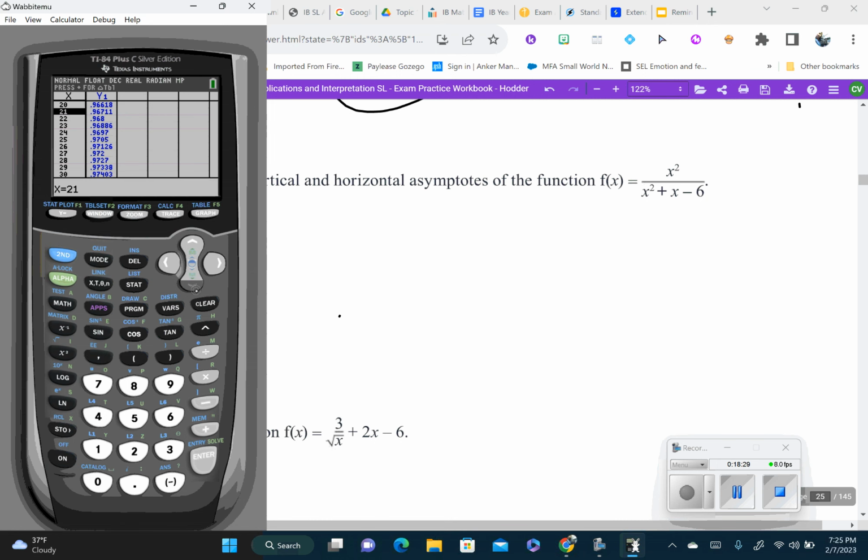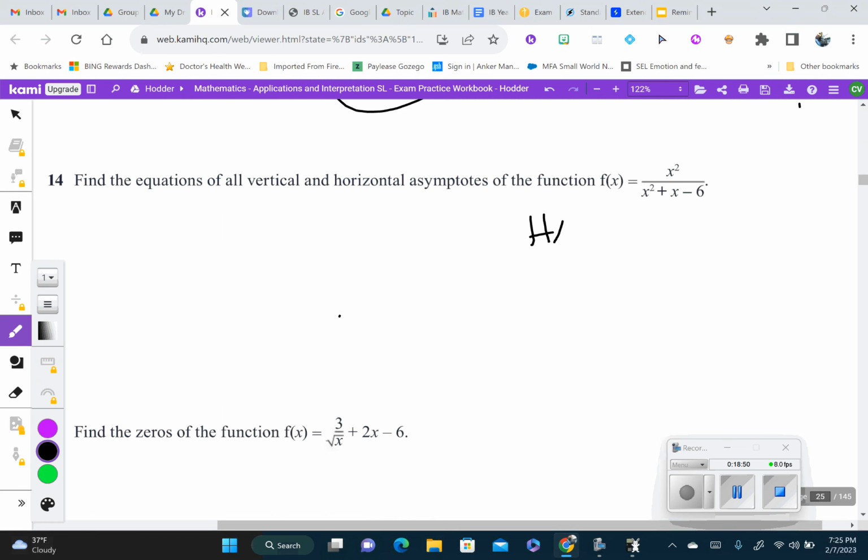So we see that these numbers right here are getting closer and closer as we get larger. These numbers are getting closer and closer to 1. If I were to go second window and put like 1,000, right? And I go to my second graph, I'll see that. You see that? It's a little bit more obvious. So there is a horizontal asymptote. I'm just going to put HA, where we have y is equal to 1 is our horizontal asymptote.